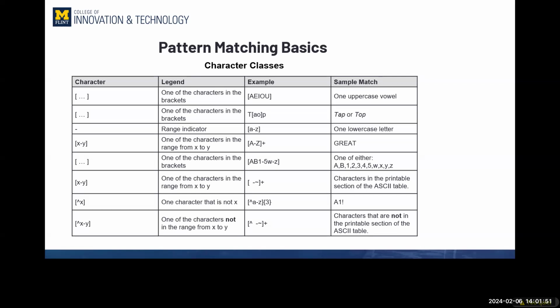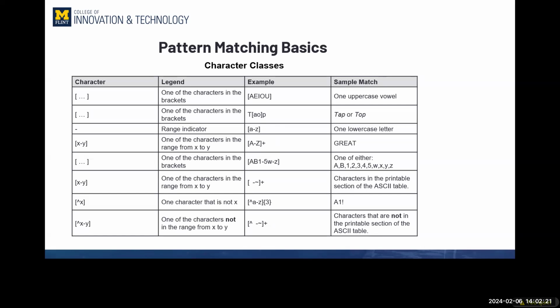As we set the dash here as the range indicator, a to z, we are looking for one lowercase character between a and z, one of the characters in the range from x to y. Here, for example, we are looking for a capital letter from A to Z, one or more times.